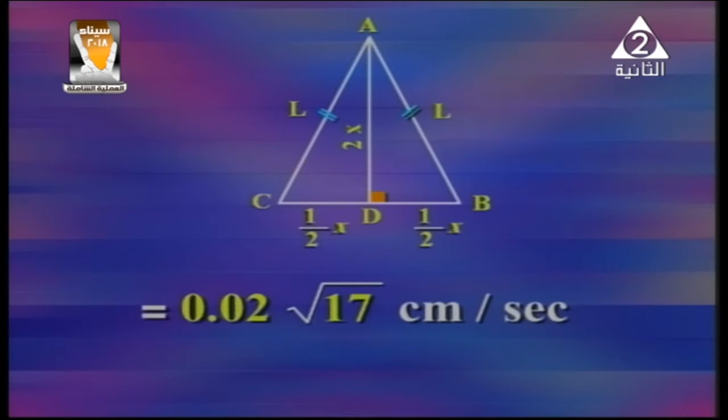Remember, dear student, the change of the side is in centimeters per second, the change each 1 second, 0.02 root 17 centimeters. But the unit of change of the area must be centimeters squared per second. In this case, dL over dt, the change of the side with respect to time t, equals 0.02 times square root 17 centimeters per second.